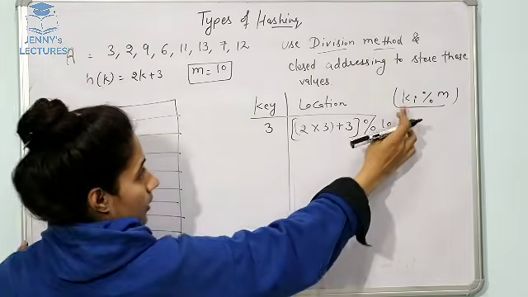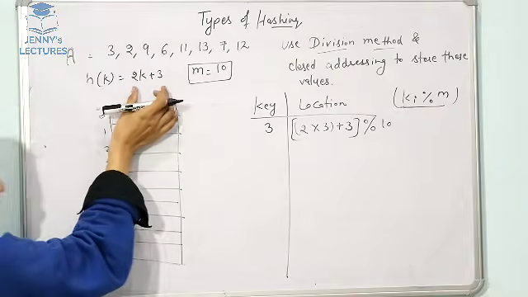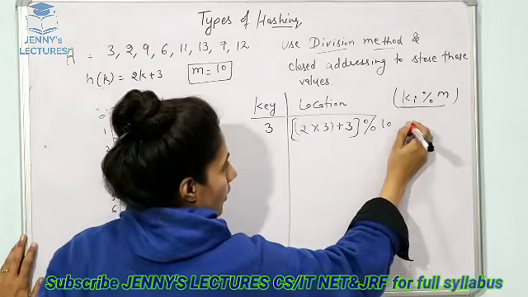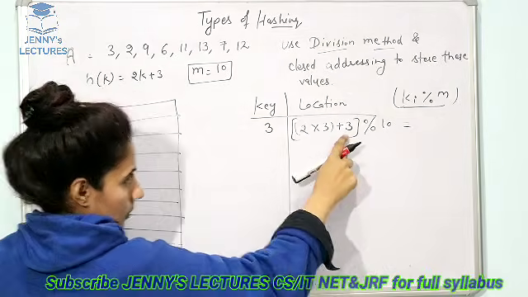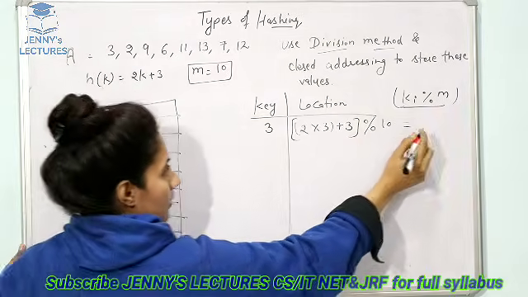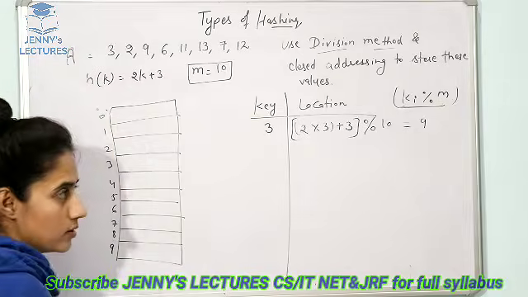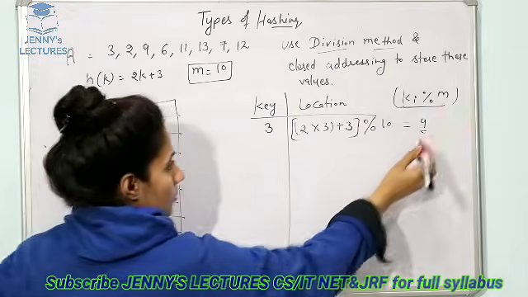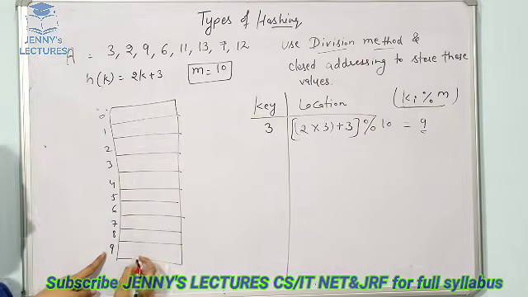Now here k is this one, because the hash function is given as 2k + 3. Now what is the value? 6 plus 3 is 9, 9 mod 10 is 9 only, because the result would be the remainder only. So the location is 9. At the 9th index you can store this 3.